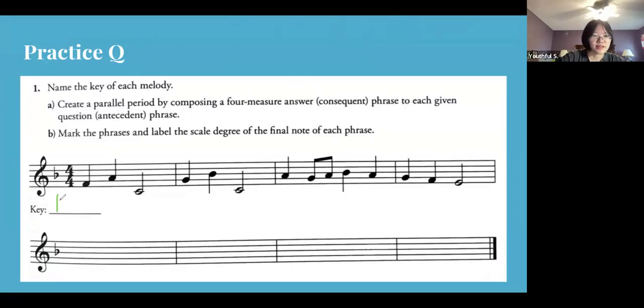Okay, so this first one, F major. Okay, so mark the phrases and label. Do you want to just draw on it and come up with a melody, Ethan?